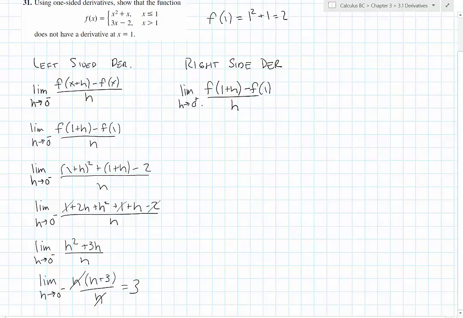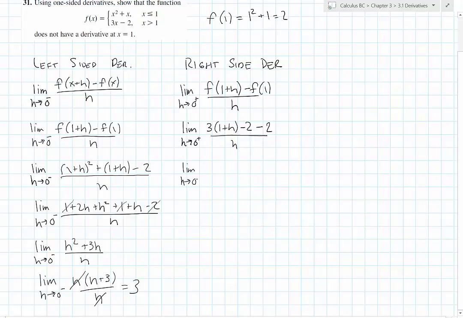Now, when we're trying to evaluate this expression, f of 1 plus h, and h is approaching 0 and is positive, that means we're going to be using this other definition here. So the limit as h approaches 0 from the positive side of 3 times 1 plus h minus 2 minus f of 1, but we already found out f of 1 is 2, all over h.